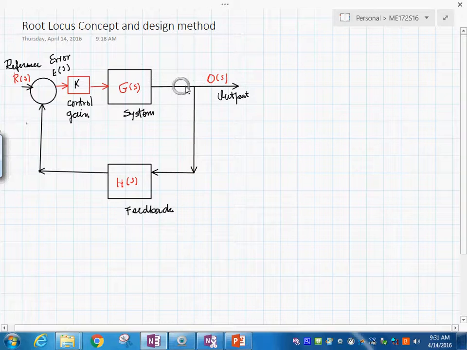You measure a temperature, and the temperature gets transformed into some sort of voltage signal. That's what this feedback does. And the setting temperature is also like a reference voltage that you have set up. Let's say you want the temperature to be 80 degrees. So if the measured signal from here is not 80 degrees, let's say 75, the error is 5.